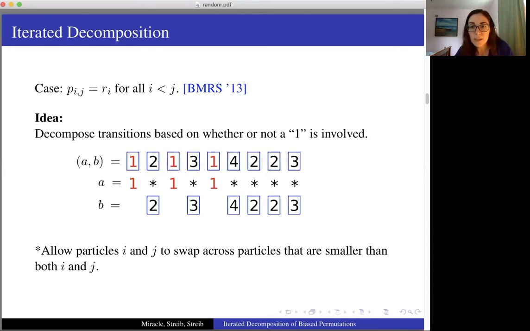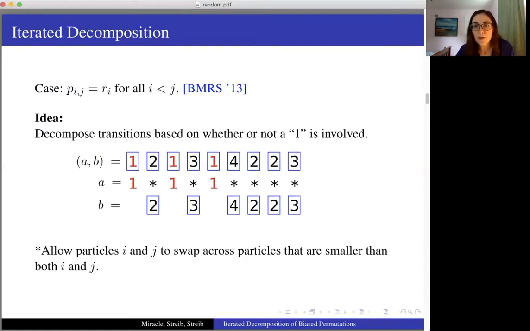The transitions that swap a 1 with something else in the k-particle system only change A, since they don't affect the relative order on larger particles. So if I swap this 1 with this 2, it doesn't change the order on B. It just changes this from a star to a 1.